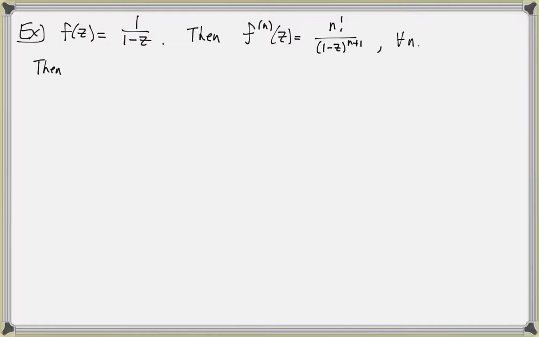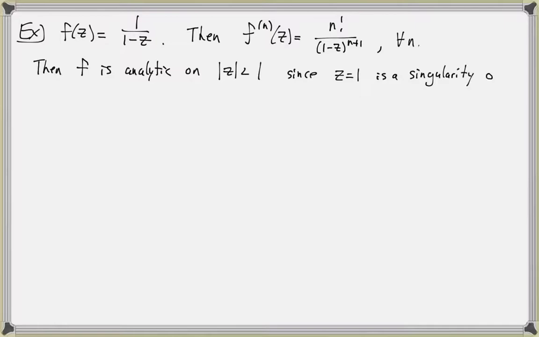As I just mentioned, f is analytic on the disk centered at 0 with radius 1, since z equals 1 is a singularity of f. So we can find a Maclaurin series for f.